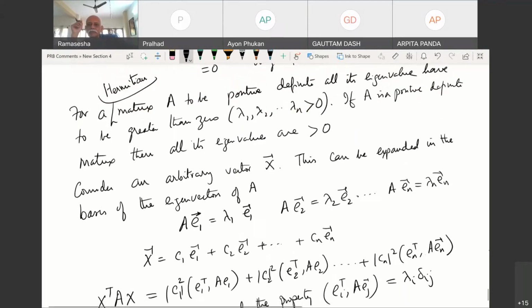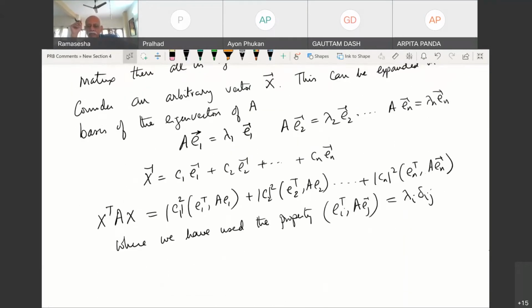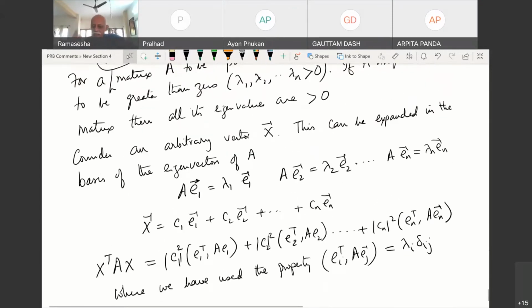Okay, so the eigenvectors of A are orthonormalized.